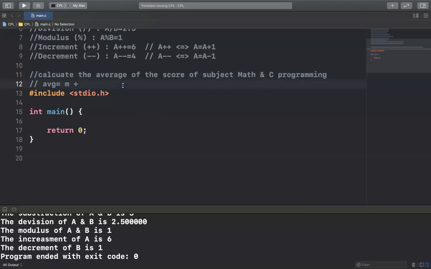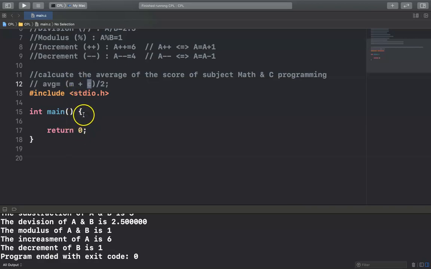I represent by C here. So to find the average of these two subjects, first we have to plus these two subjects together. So I plus it and then divide it by 2. So the average of these two subjects, mathematics and C programming language, will be like this.